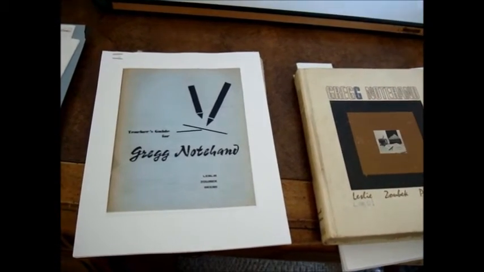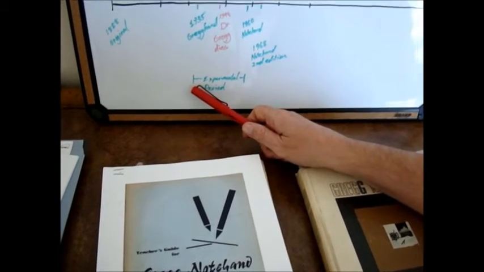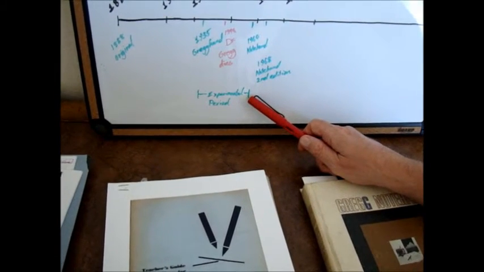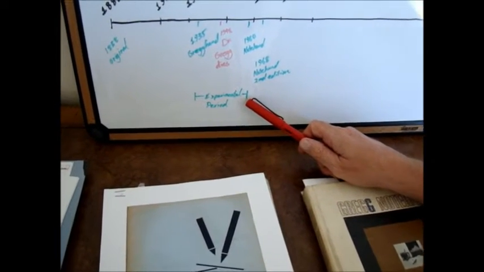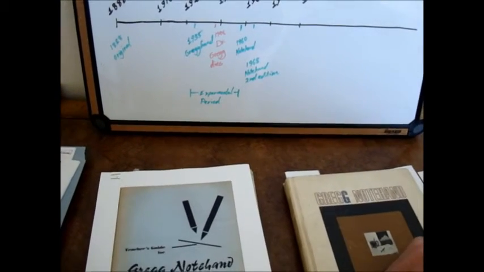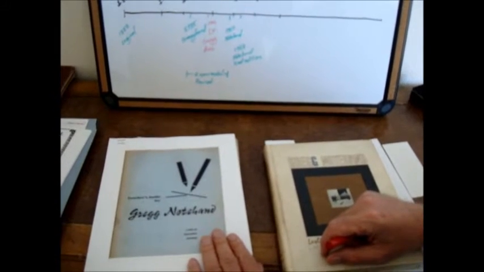And that references a 25-year experimental period between basically the publication of Gregg Hand and the publication of Notehand. It doesn't reference Gregg Hand specifically, but it says there was a 25-year experimental period where they learned a lot of things. And I'm going to be going over what those things are because they're listed here in this teacher's guide.